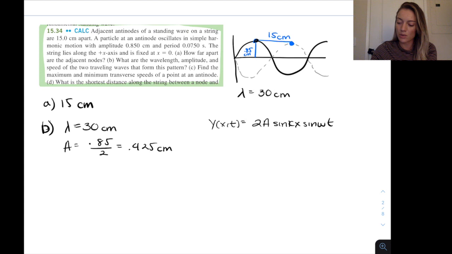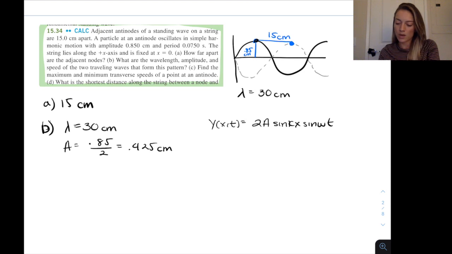So every single particle here is going to be undergoing simple harmonic motion in one direction, just up and down, wherever it is on the wave. And at an antinode, we know it's reaching the maximum amplitude, which will be twice the amplitude for each individual wave.